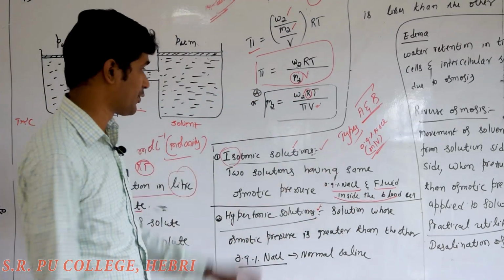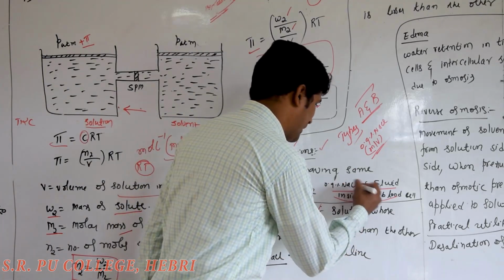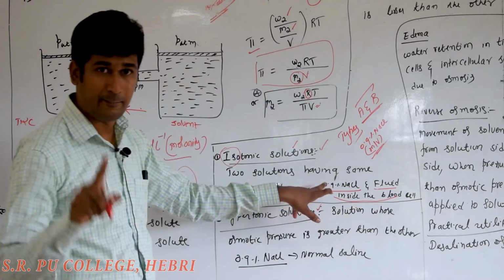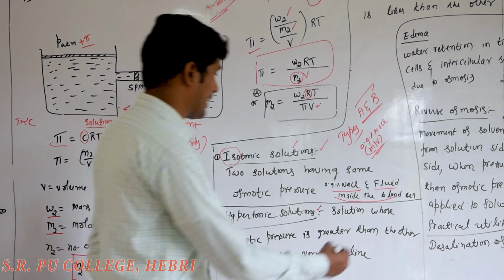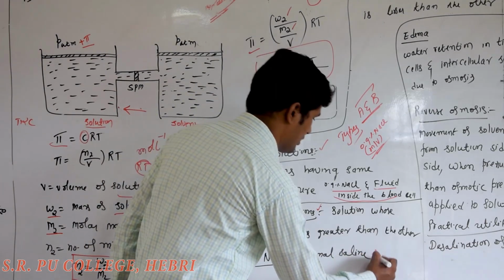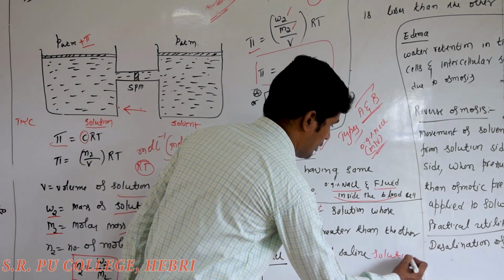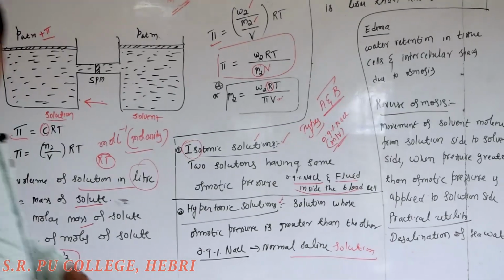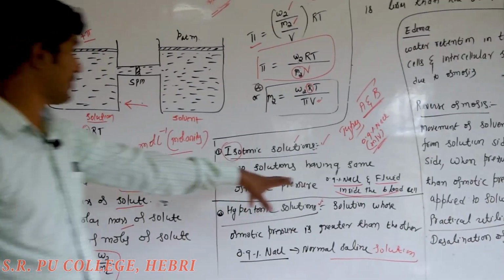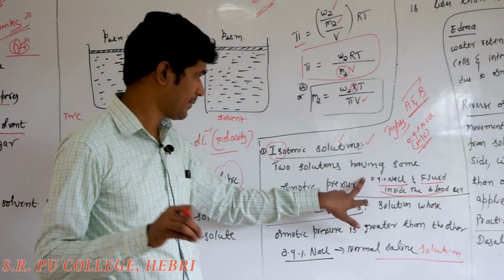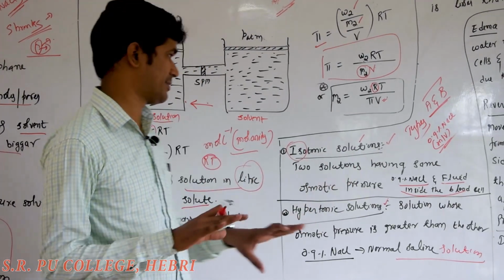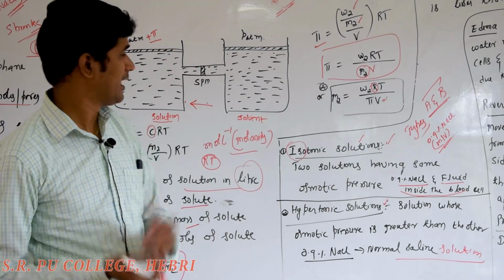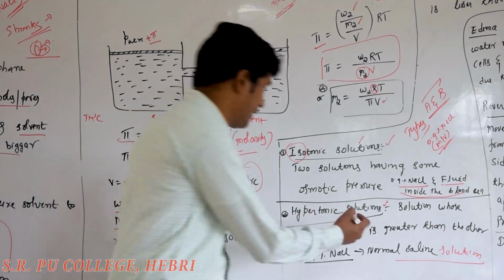So these are isotonic solutions. This 0.9% NaCl mass by volume is known as normal saline solution, which is used in injections. It is safe to inject intravenously. There is no osmosis taking place. You remember this.